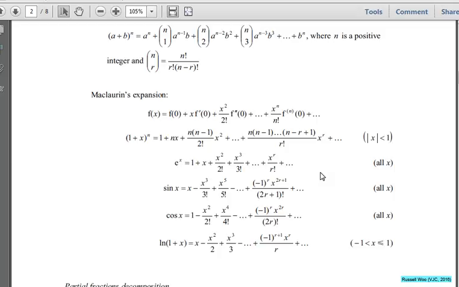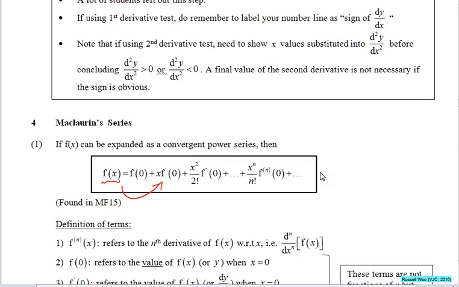You are trying to express, for example, e^x, sin x, cos x, etc., in terms of a polynomial. Imagine you have any garbage expression, like e^x sin x squared times x cubed, whatever. You are able to use Maclaurin's expansion to change it into a polynomial. That's the basic idea.